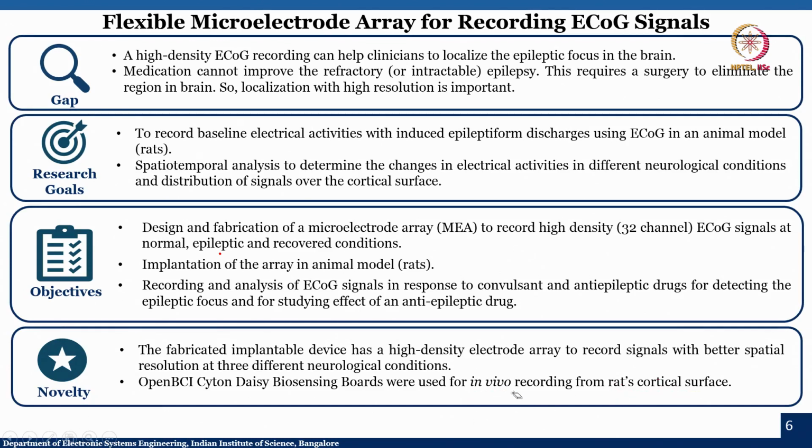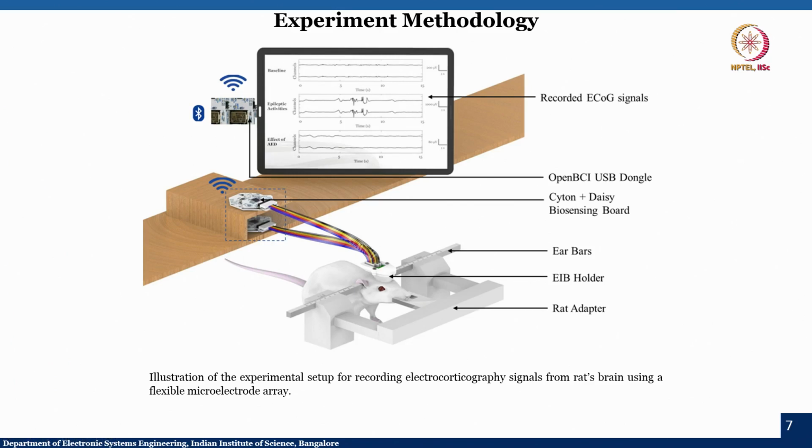So, let us see how it looks. Here you can see there is a rat adapter, an EIB holder, ear bars, the Cyton plus Daisy biosensing board, OpenBCI with USB dongle, and these are the recorded ECoG data. The y axis is the number of channels, and the x axis is time in seconds.